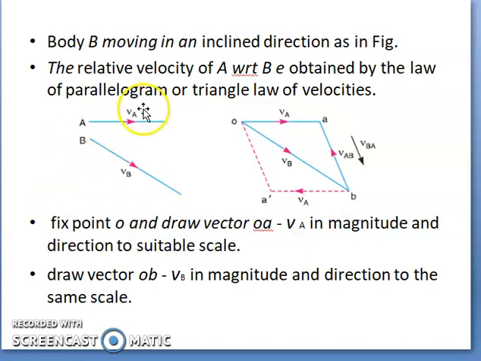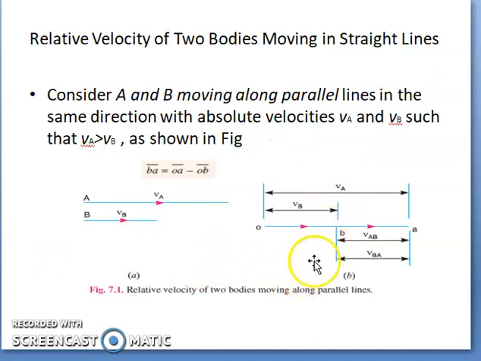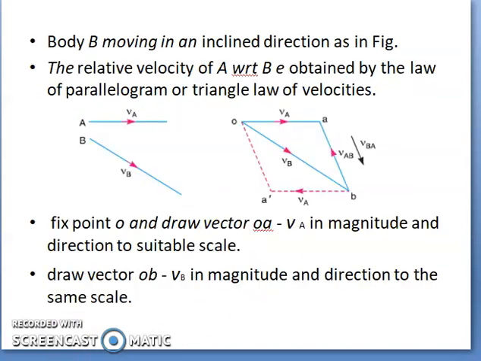In this case the bodies were moving in a straight line, so we directly found the relative velocity by taking the vector difference between the two vectors. Suppose one body is moving in a straight line and the other body is moving in an inclined direction. Then to find the relative velocity, we will use the parallelogram or triangle law of velocities.